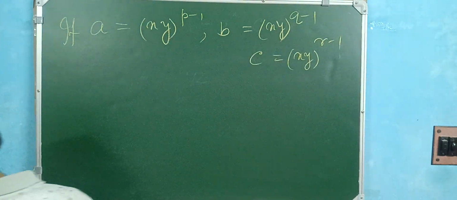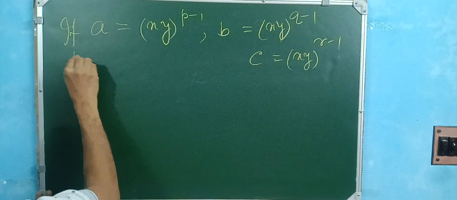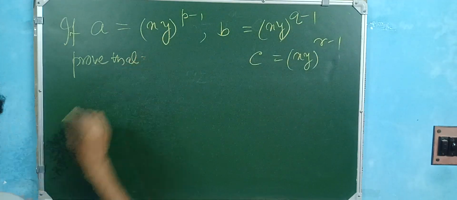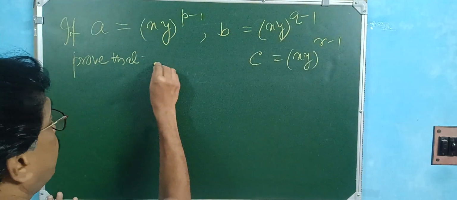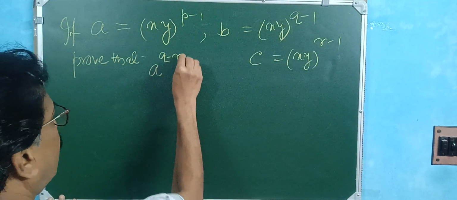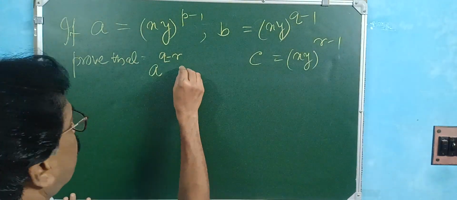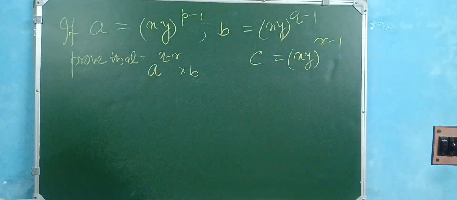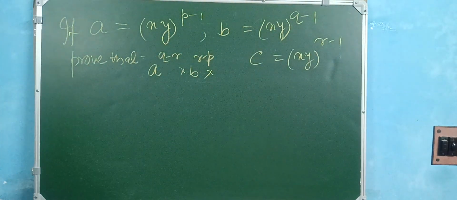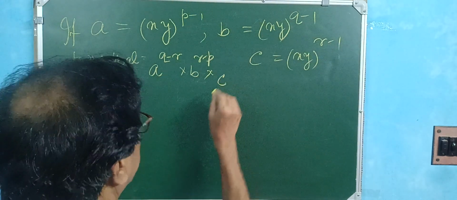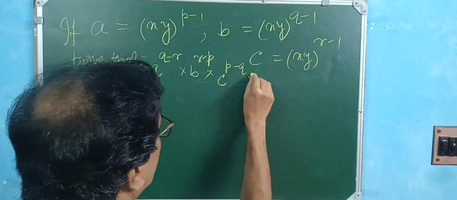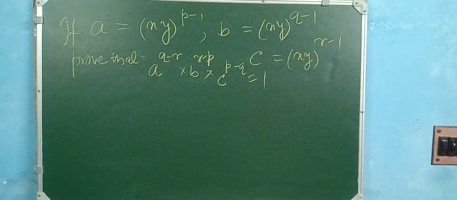Okay, now prove that a to the power q minus r, into b to the power r minus p, into c to the power p minus q, is equal to 1.